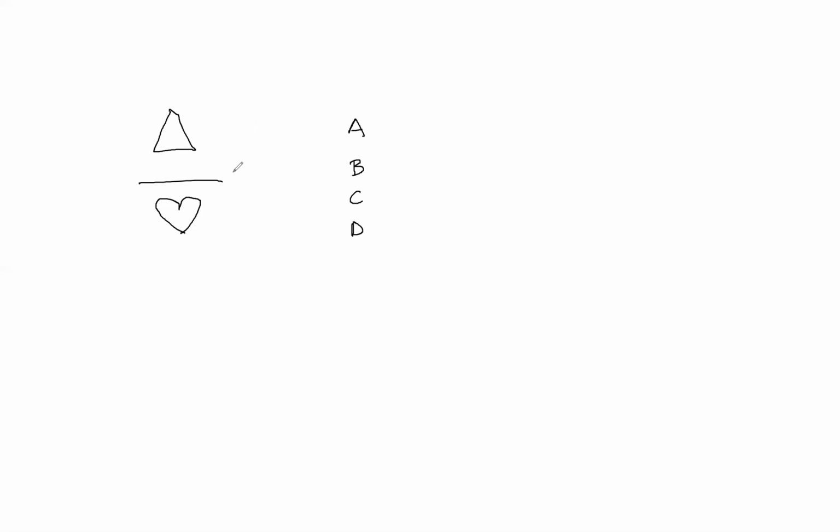You just need to know that this symbol here is the same as a division sign. See how there's a dot on top, dot on bottom? Imagine something on the top, something on the bottom. So we have triangle divided by heart. Now look at your answers. Triangle divided by heart just so happens to be the first one.